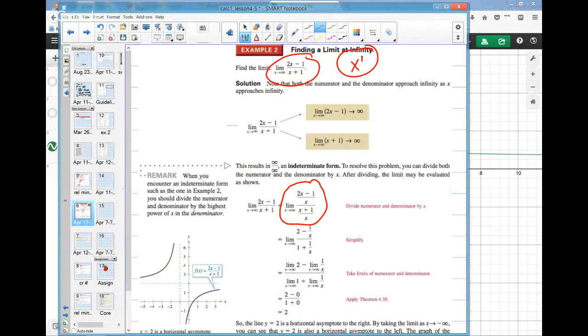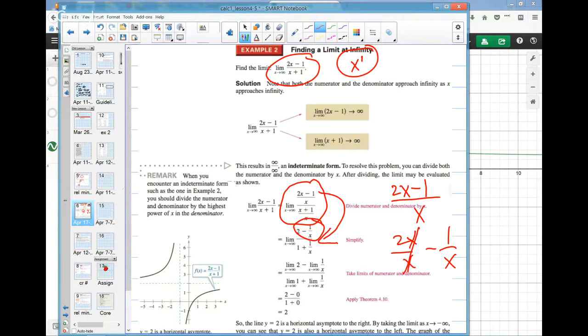See what they did here? Do you see how they went from here to here? When you take 2x minus 1 and divide it by x, isn't that the same as 2x over x minus 1 over x? And what's 2x over x? 2. So 2 minus 1 over x. You see how they got this? And likewise on the bottom.